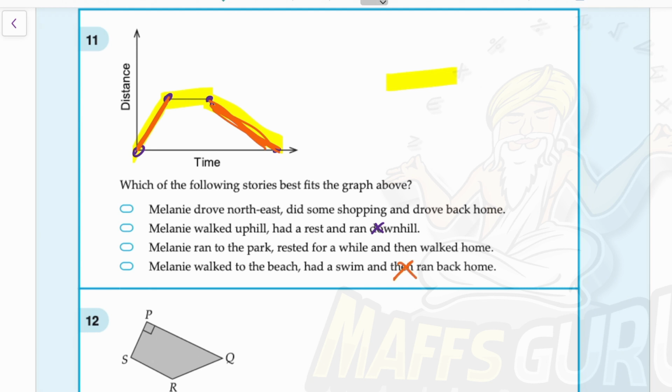Well, again, she can't run back home because this here has a shallower gradient, which means she's done something slowly. So Melanie drove northeast, did some shopping and drove back home. To be honest with you, because the question says best fits, while the first one could, I would say this one here, because it talks about the idea of a measure of speed. She's run and then she's walked, which explains the difference in the gradient.